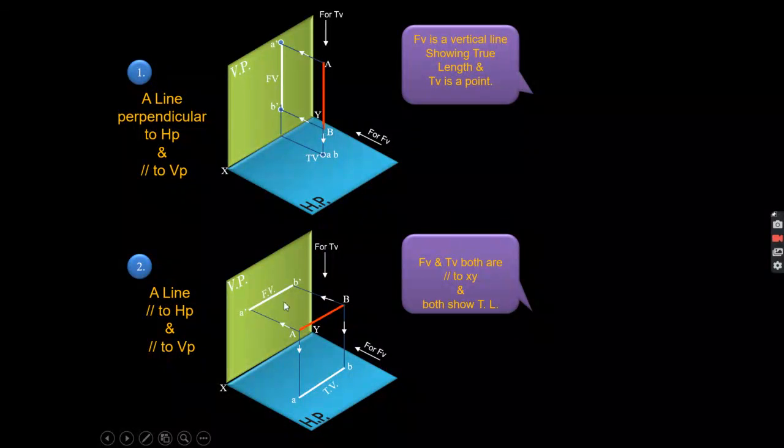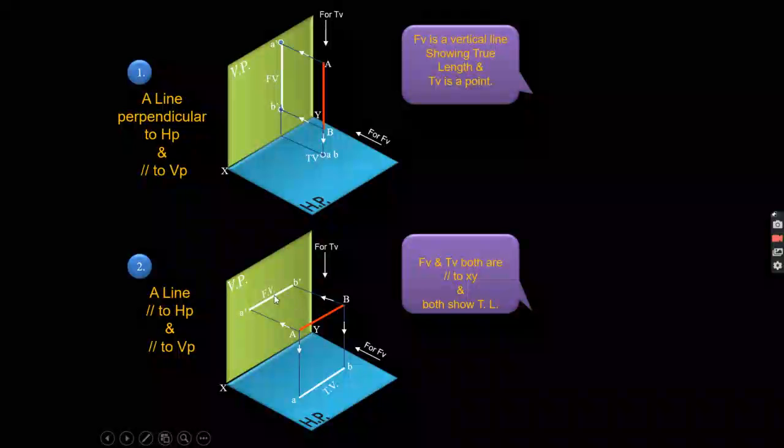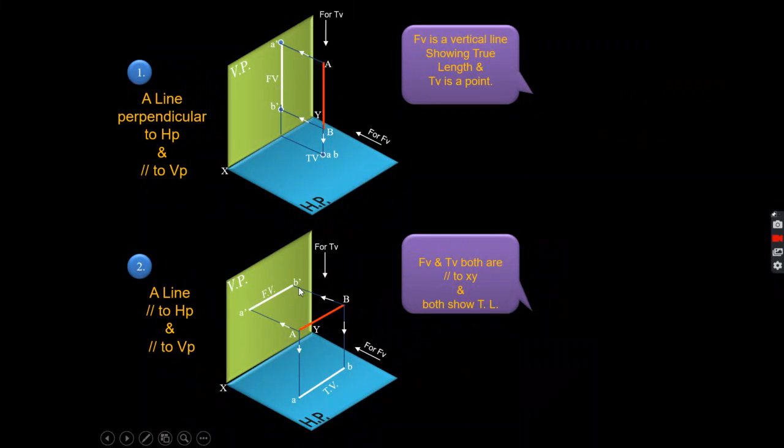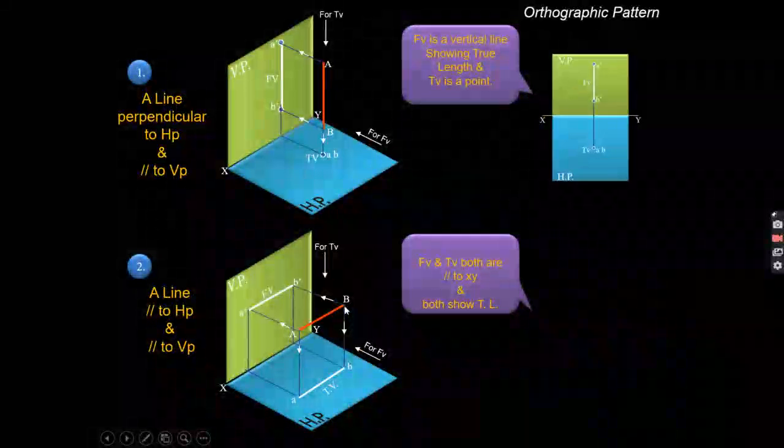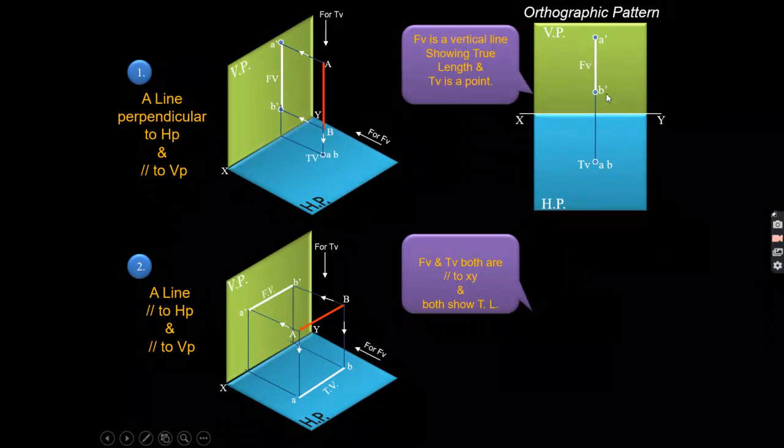The point to be noted: if the line is parallel to any plane, and you project the line on that plane, then you will get the true length. True length is nothing but the original length of the line. So this is how you can draw the projection of the line in your drawing sheet.